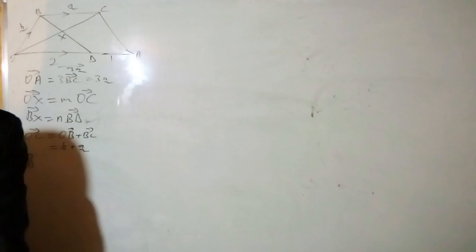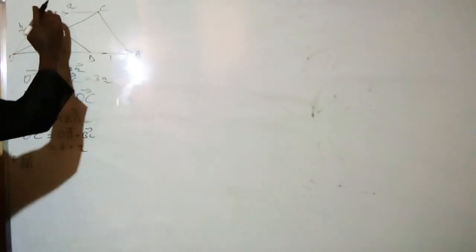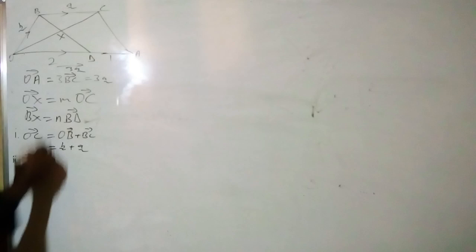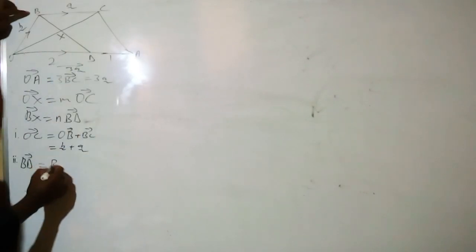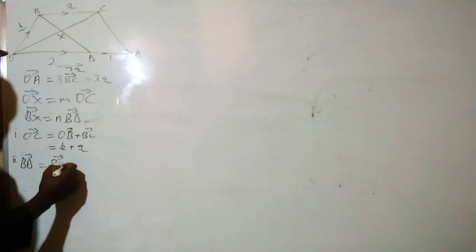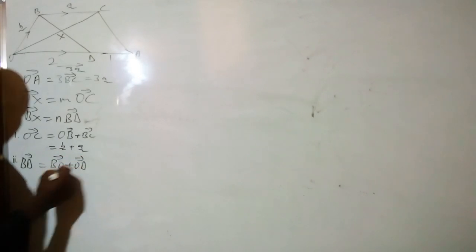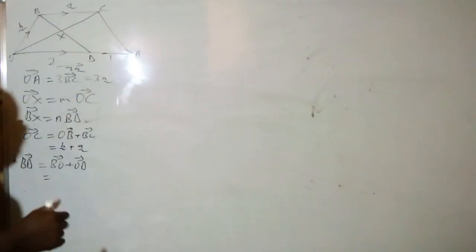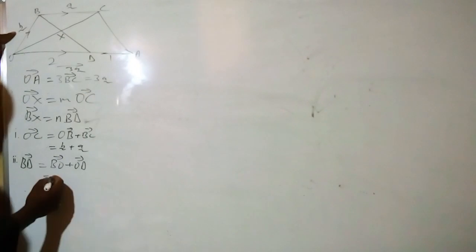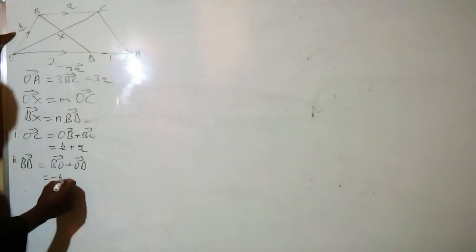Next is vector BD. We are doing this question here. BD is equal to BO plus OD. But BO is what? From O to B is positive vector B. The reverse of it, the sign must change from positive to negative, and we are going to have negative vector B plus OD.